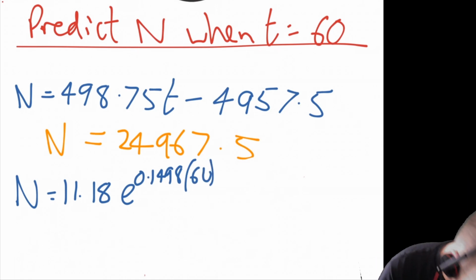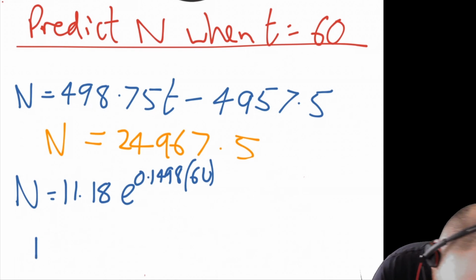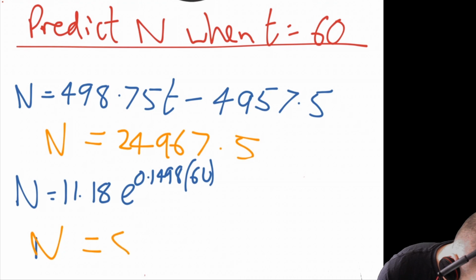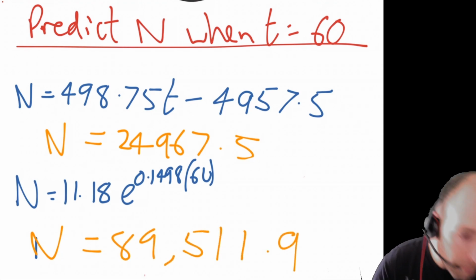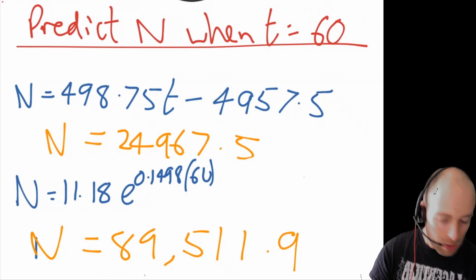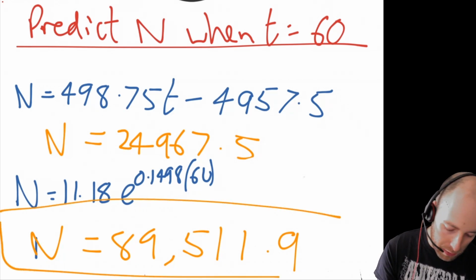It does look more promising. Let's give it a go though. That does look better. So we got for that model n is 89,511.9. Cool. Okay, yeah, I made a decimal place error.